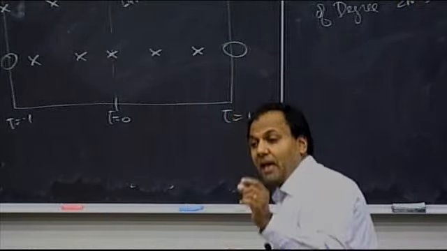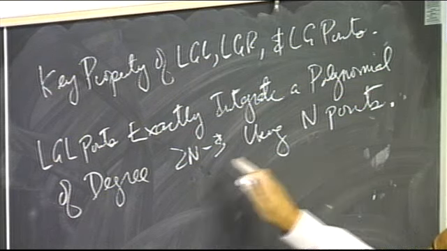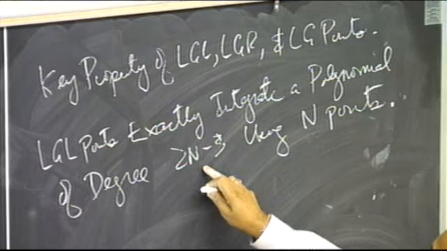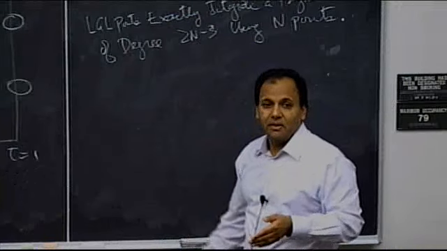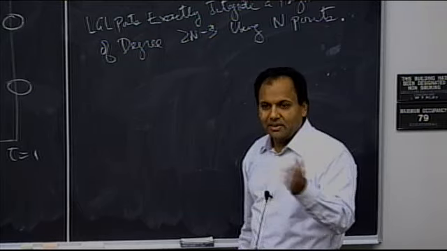So if 2n minus 3 is equal to 10, then 2n is equal to 13, right? Which means I need between 6 and 7 points to be able to integrate that polynomial exactly. So n is equal to 6.5, but you can't have 6.5, right? A polynomial has an integer degree, right?